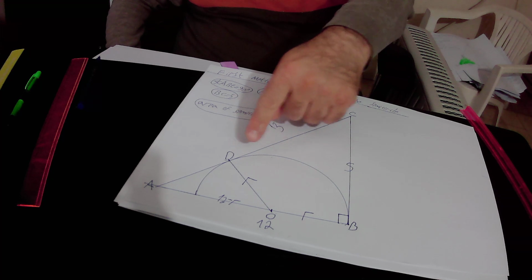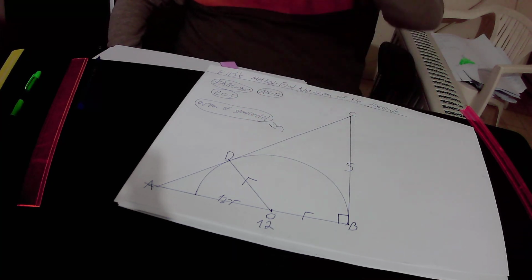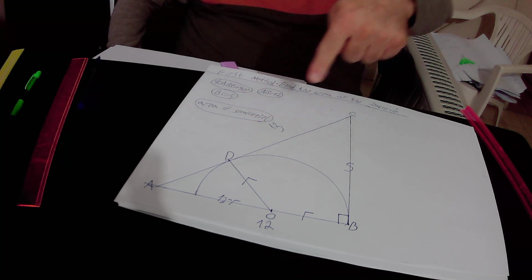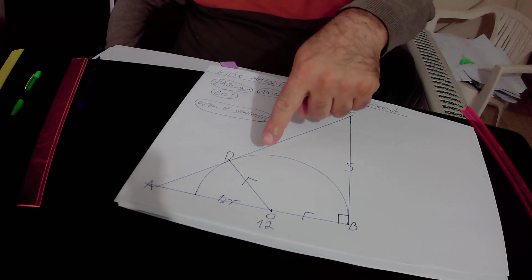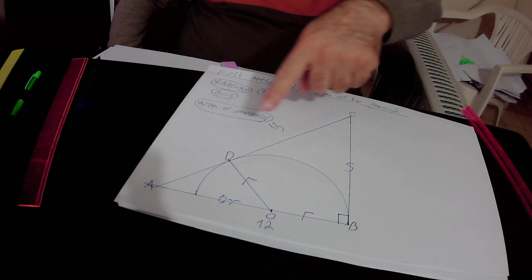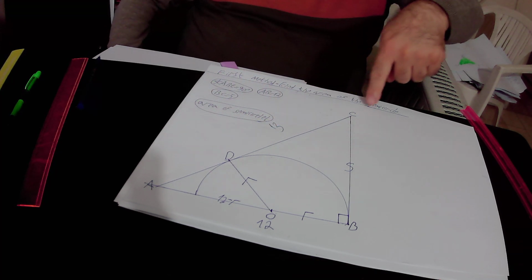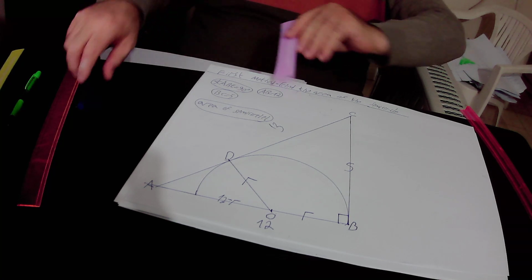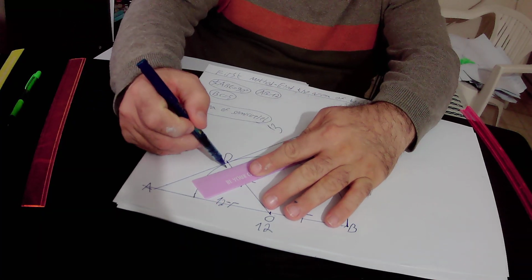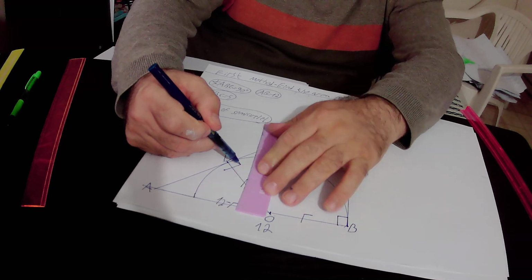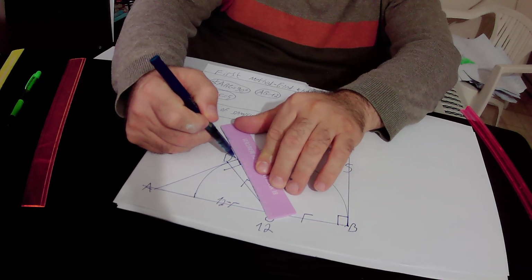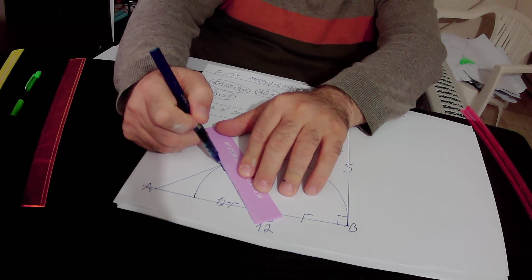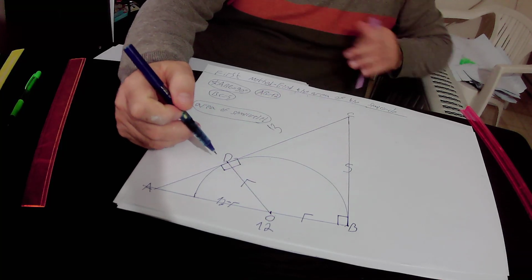The radius OD is drawn to the point of tangency, that is to say, drawn to point D, the point of tangency of tangent CA with this semicircle. Therefore, the tangent CA will be perpendicular to this radius. That is to say, this angle will be equal to 90 degrees, and this angle will also be equal to 90 degrees, according to rule number 1.